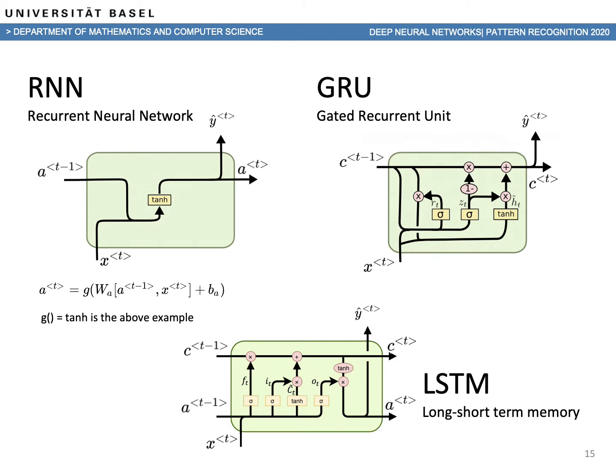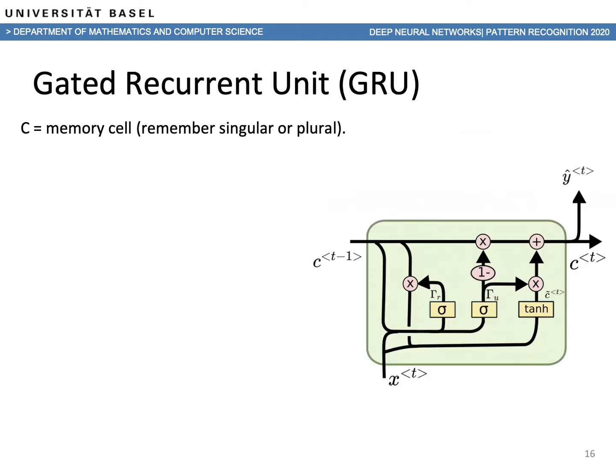But now let's have a look into the GRU in detail and see how it works. The output can be seen as a memory cell. It remembers, for instance, if a word is singular or plural. And the output here is just the output of our activation, so the output of our gated cell here.